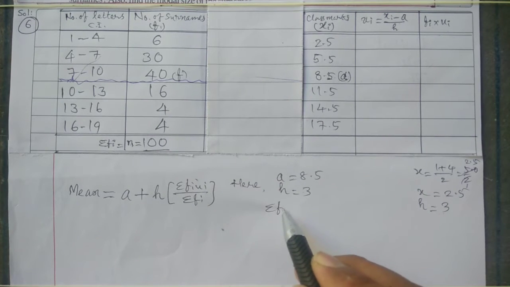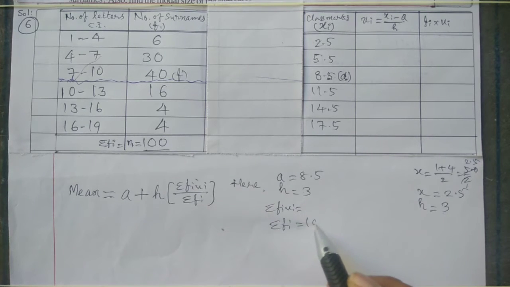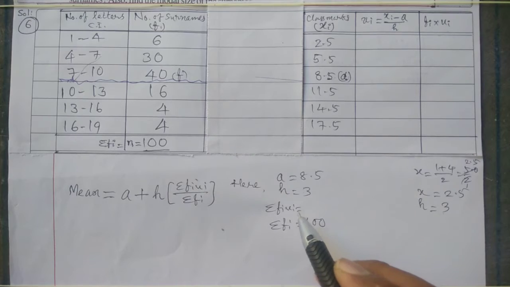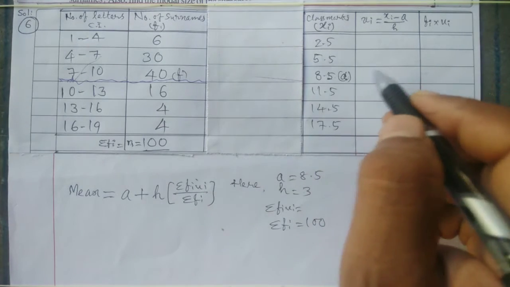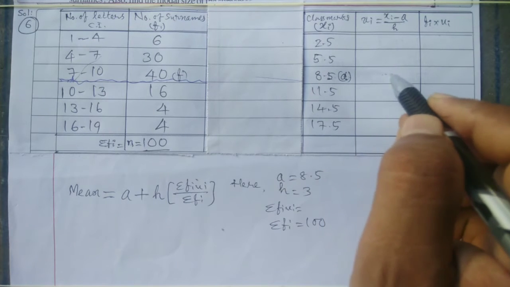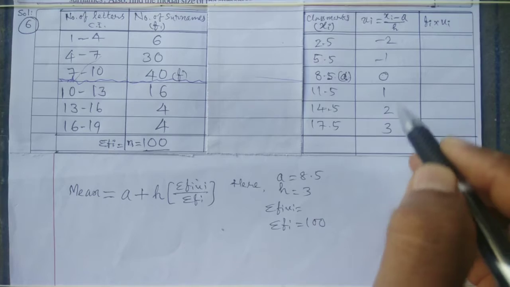Next we have to know sigma Fi Ui, sigma Fi. Here we have sigma Fi 100. Now we have to know sigma Fi Ui. We can find it from this. Here we have to keep 0, -1, -2, 1, 2, 3.